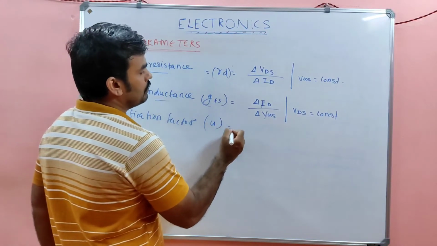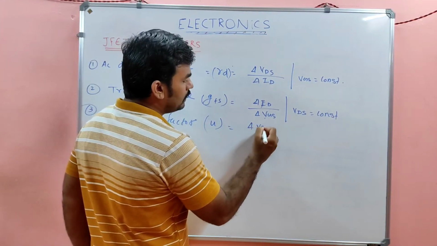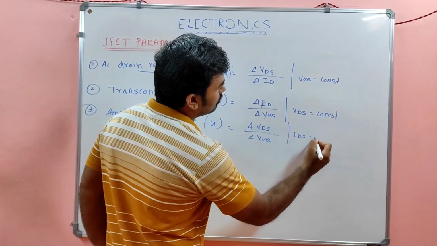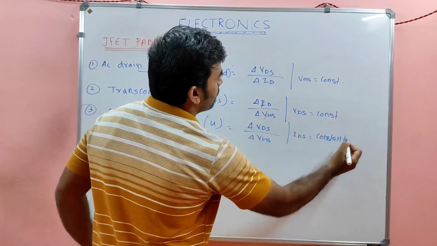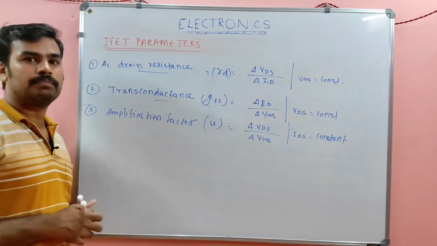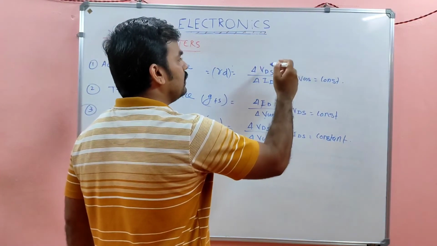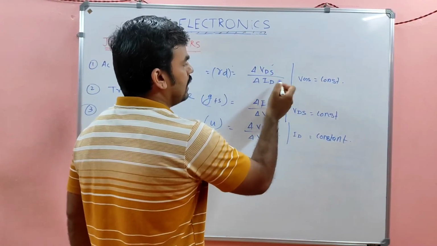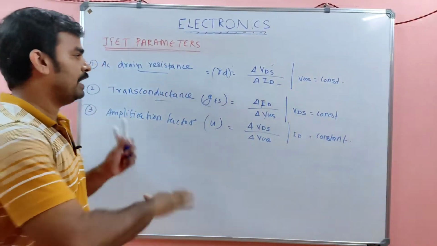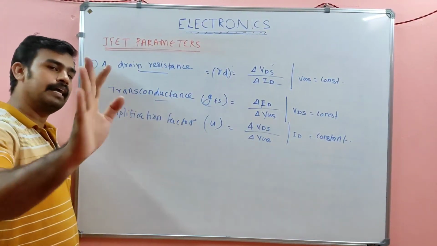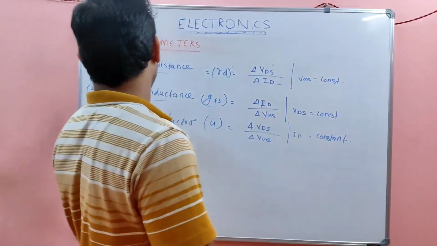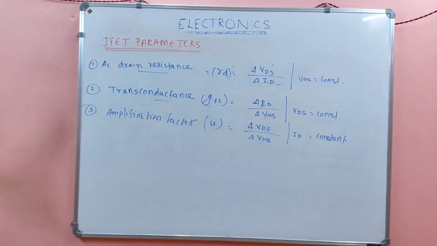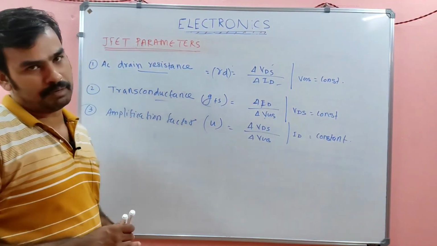Amplification factor mu is delta VDS divided by delta VGS at ID equal to constant. The parameters can be defined with respect to these three quantities: VDS, ID and VGS. First one the AC drain resistance, next transconductance, next amplification factor. So that's all about the JFET parameters.